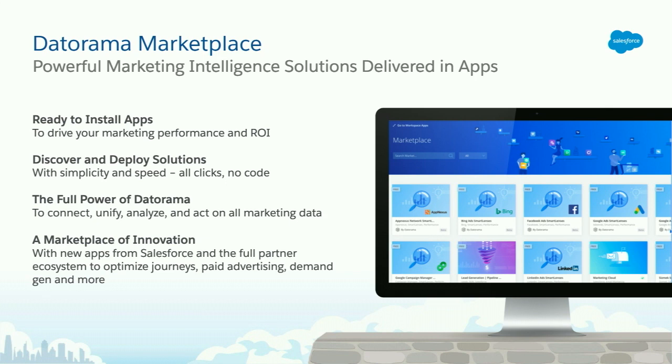But this is really the extension of the Datorama value and promise to marketers to help them get a complete view of all their data and understand how their performance across all their campaigns is going, but do it in a really simple way.